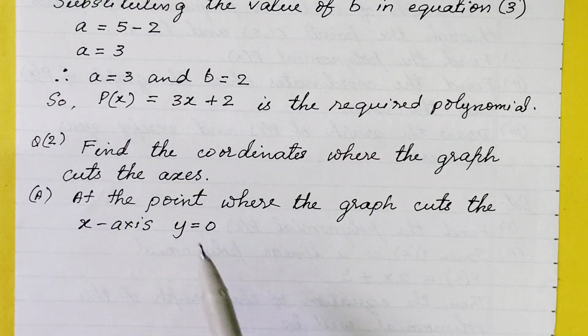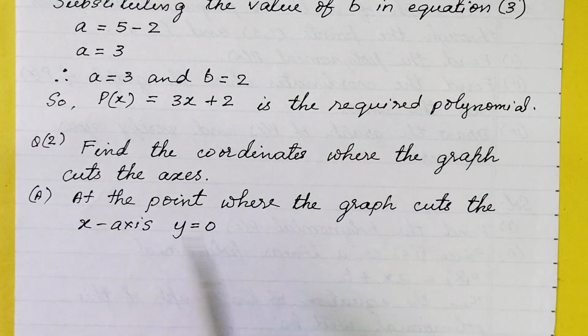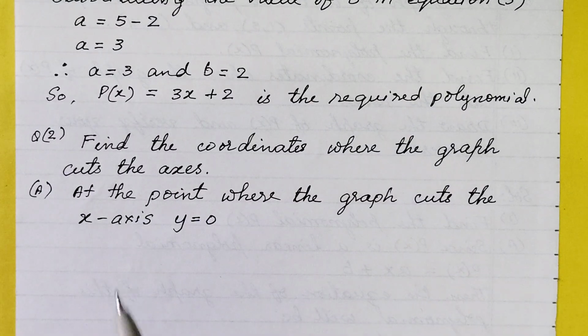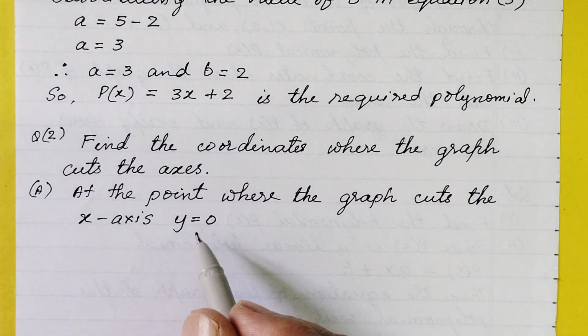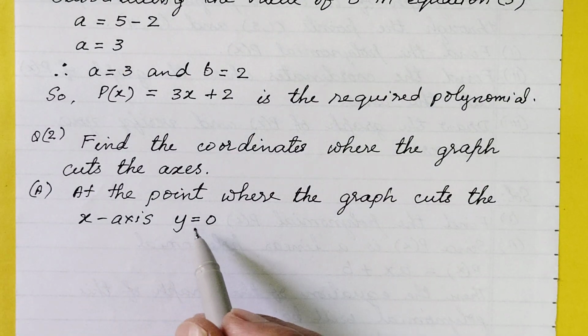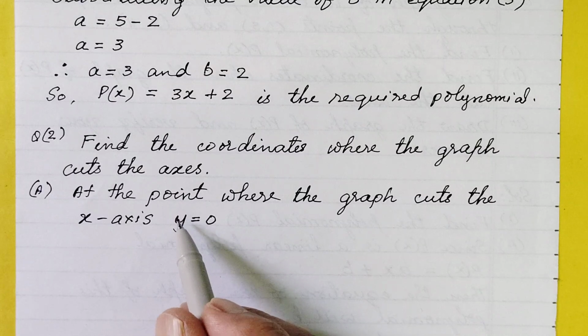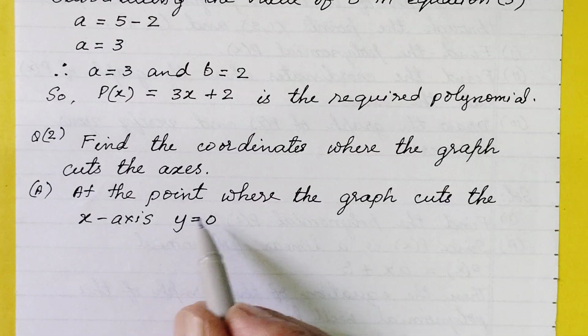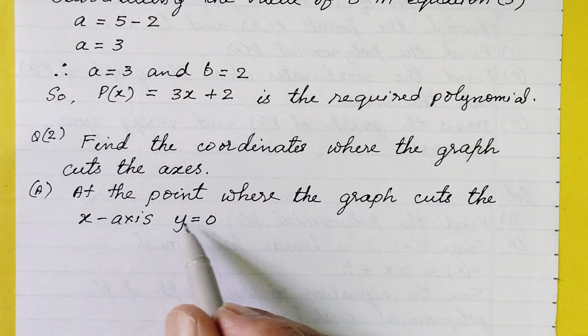You know that at the point where the graph cuts the x-axis, y will be equal to 0. So now we will find out the coordinate of x. Y is 0. We will find the coordinate of x.